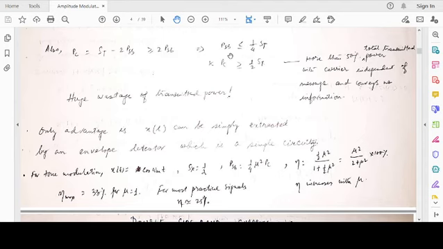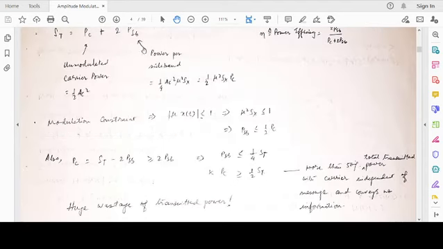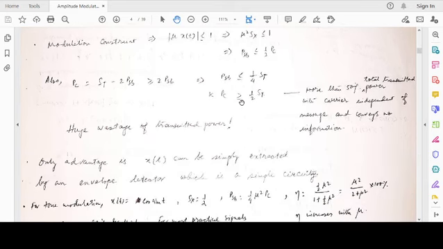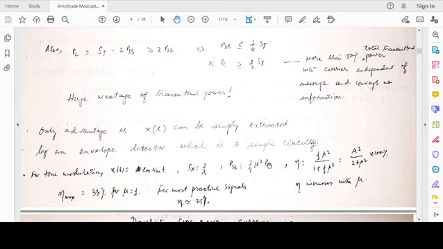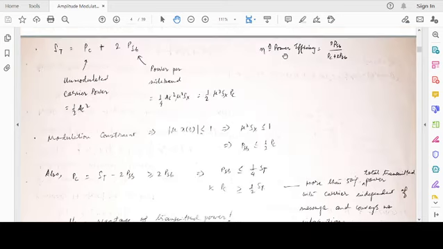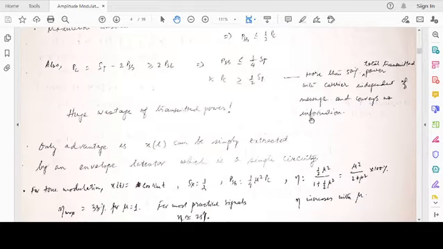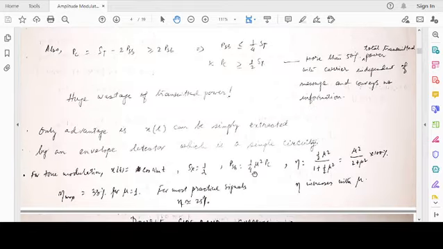As we discussed before, PSB is half mu square Sx PC, so it's 1/4 mu square PC. The efficiency is 2 PSB by PC plus 2 PSB. Substituting back, 2 PSB is half mu square PC divided by PC plus half mu square PC, and it comes out to be mu square by 2 plus mu square, into 100. So that gives the efficiency in percentage.